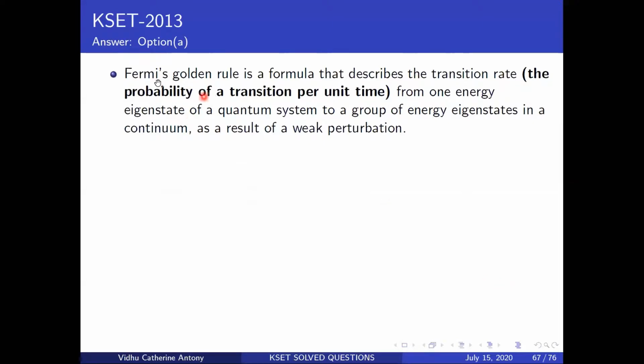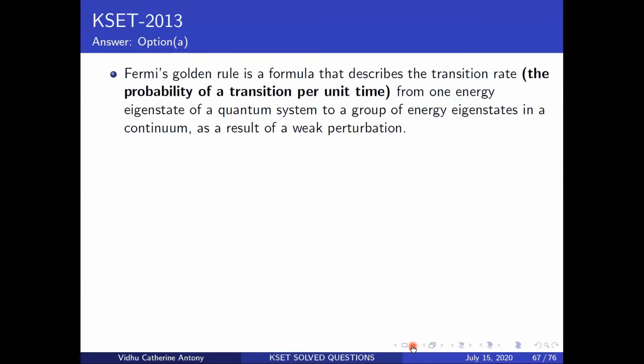Fermi's golden rule is a formula that describes the transition rate from one energy eigenstate of a quantum system to a group of energy eigenstates in a continuum, due to a weak perturbation. We've all discussed perturbation. Every one of you is at least at MSc level or past that.